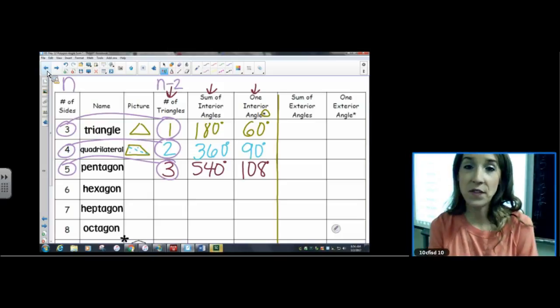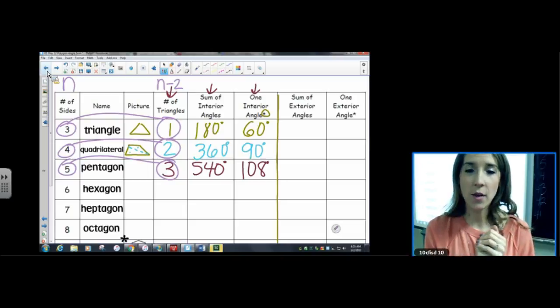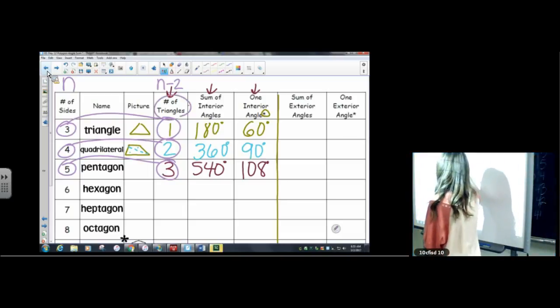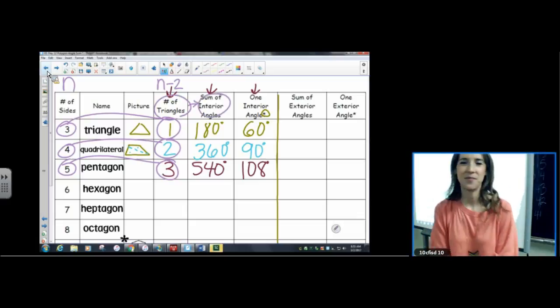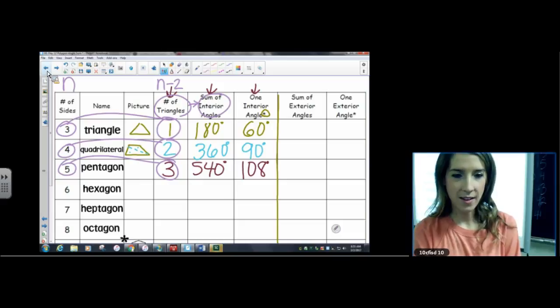So if I had a 50-gon, how many triangles could I draw? I could draw 48 by drawing the diagonals. Okay, now what do we do with this column? Am I drawing enough arrows to get to this column? What did we do to that number? Multiplied by 180.